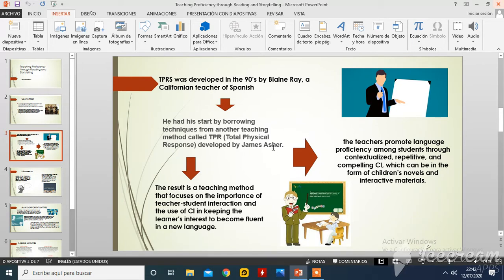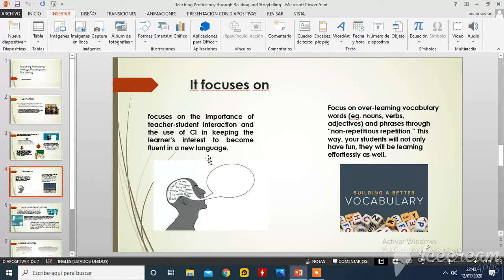In this case, the teacher promotes language proficiency among students through contextualized, repetitive, and compelling CI, which can be in the form of a children's novel or interactive materials. The interaction is very important in this method, and so is the use of CI in keeping the learner's interest to become fluent in a language.